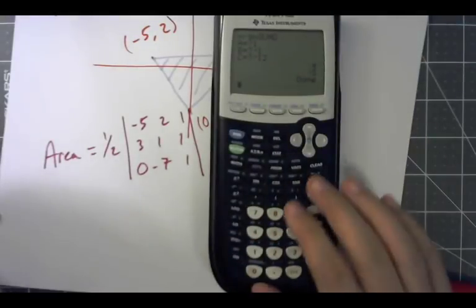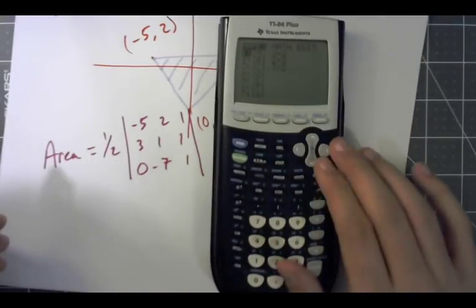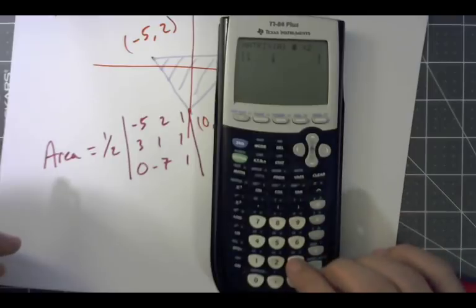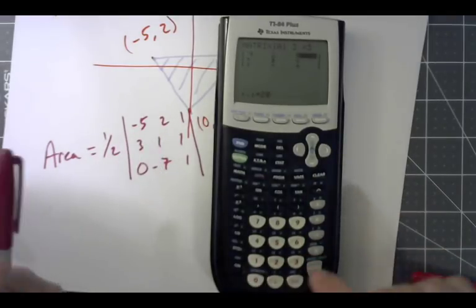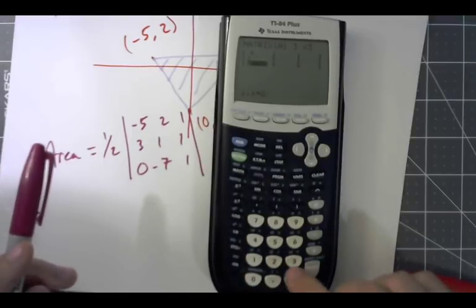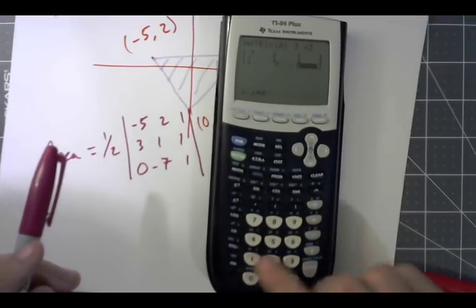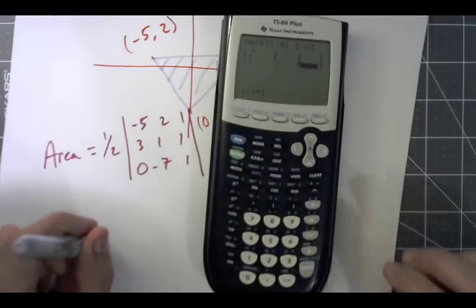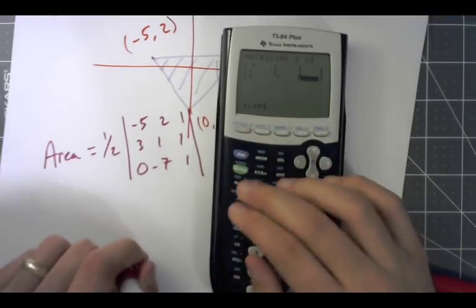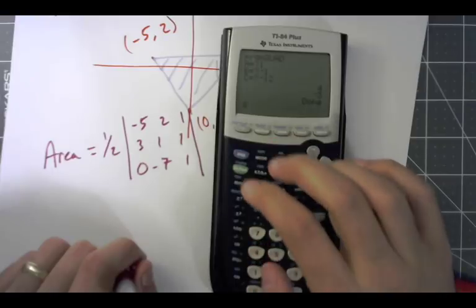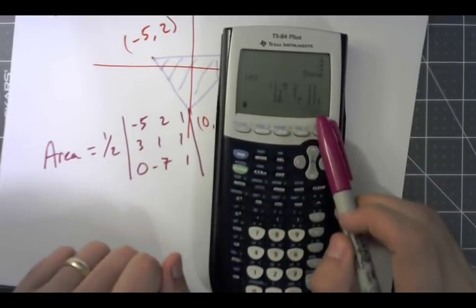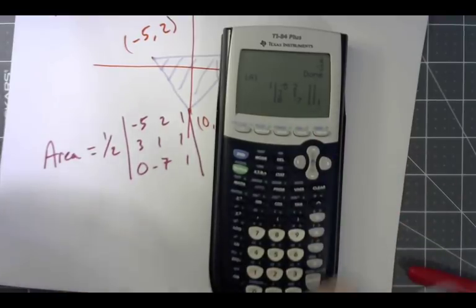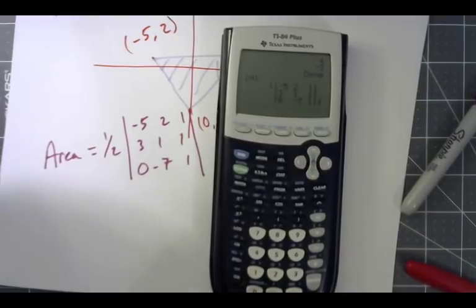Most of this exam is on your calculator, luckily. I'm going to edit it. I want a 3 by 3: negative 5, 2, 1, 3, 1, 1, 0, negative 7, 1. All right, so I plugged it in under A. I'll quit. There it is. Make sure these sort of match up. We have 1s in this column. This means I want the determinant. Let's use this one.